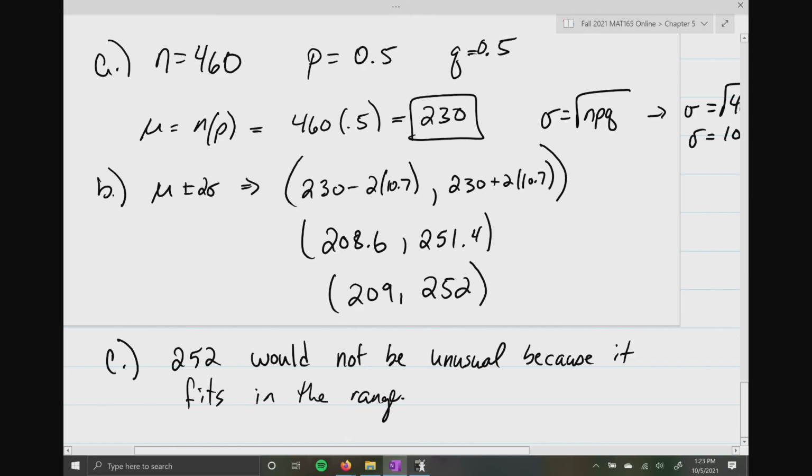Now, if you didn't round those numbers, then it would be considered unusual. So there is an argument to be had there. There really is. A conversation must be had there. But if we're just looking at this in terms of just numbers and just kind of fitting our problem to what we're learning, I would say it's really not unusual, but 252 games is still a lot.